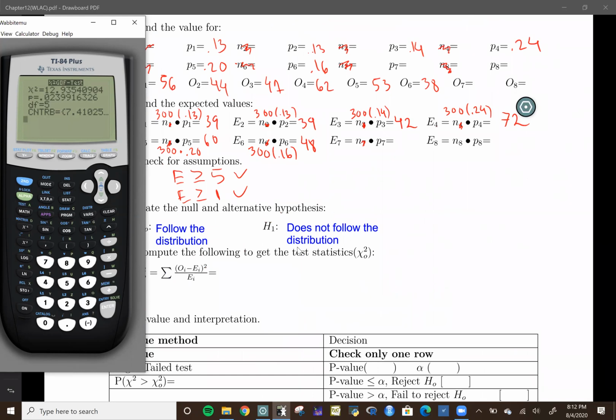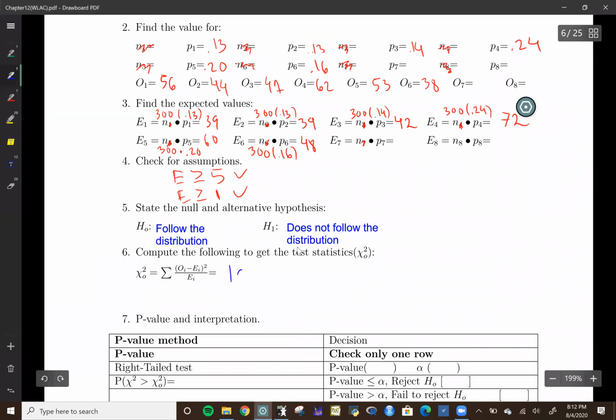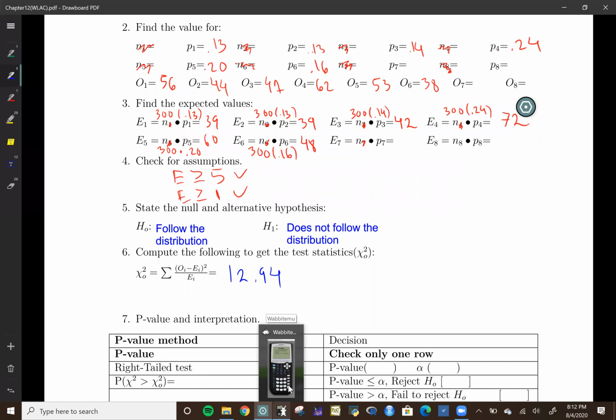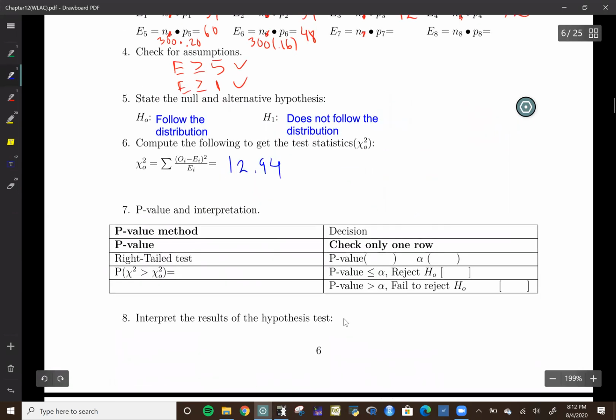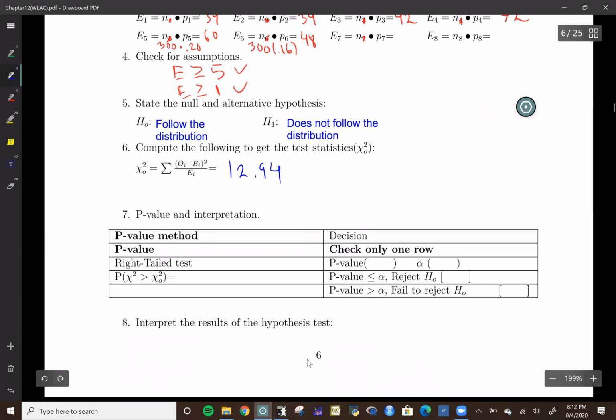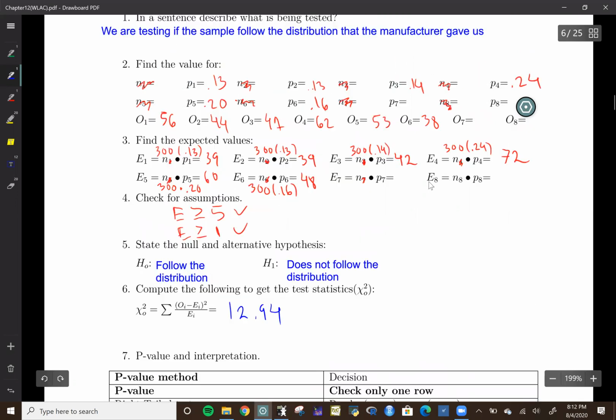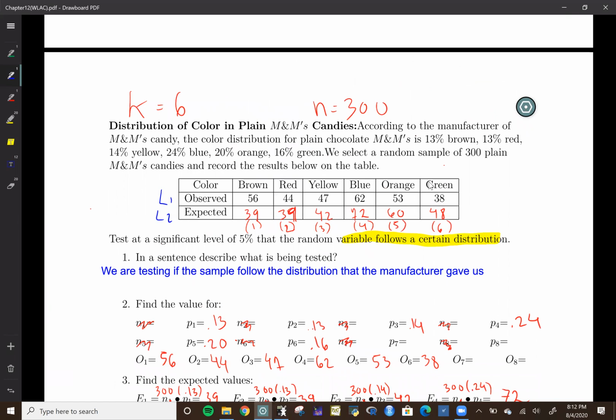So right here, we'll put 12.94. The degrees of freedom, you get by doing K minus 1, so 6 minus 1 gives you 5.